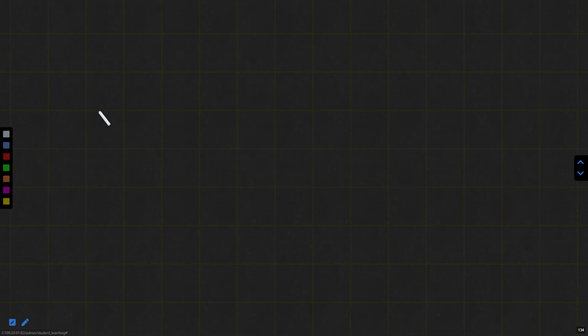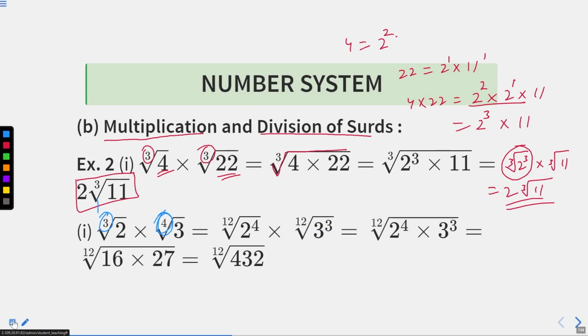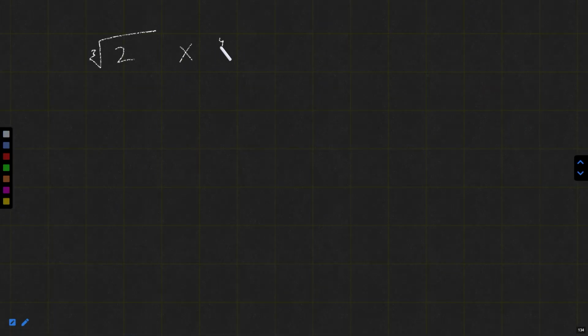The question is given like this. Just follow this step: take out these numbers, 3 and 4, and take the LCM of those numbers, which is 12. Now use the law. What law am I talking about?